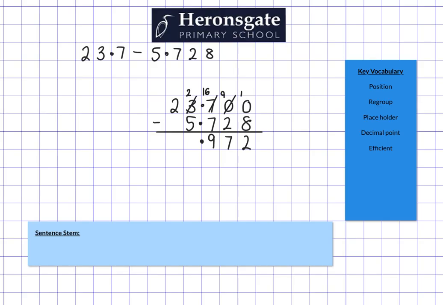I'm going to need to regroup. 12 ones, subtract 5 ones, gives me 7 ones. And 10, subtract nothing is 10. So I can say that 23.7 subtract 5.728 gives me the answer, the difference of 17.972.